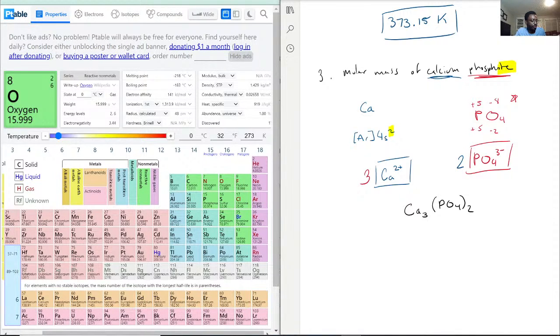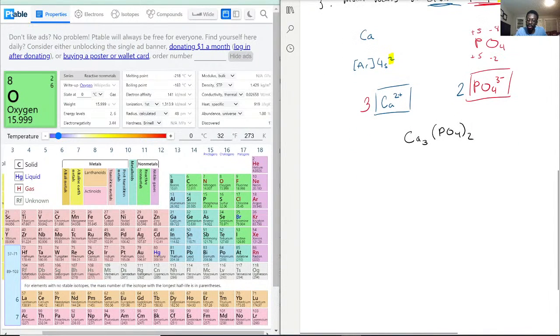Give me a second. Let me just actually put this in my calculator and see what I get. Just working ahead, but just as we did for the earlier question, what we want to do here is break it down into its pieces, kind of like the O2, but there's obviously a lot more components. So 3 times Ca, okay.